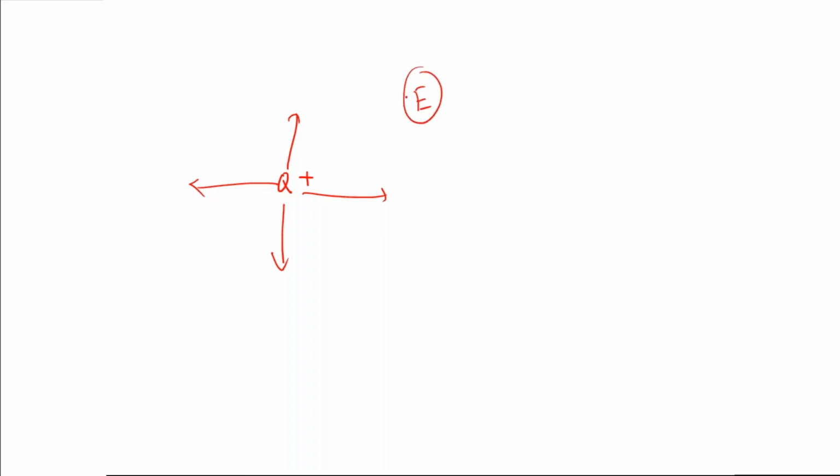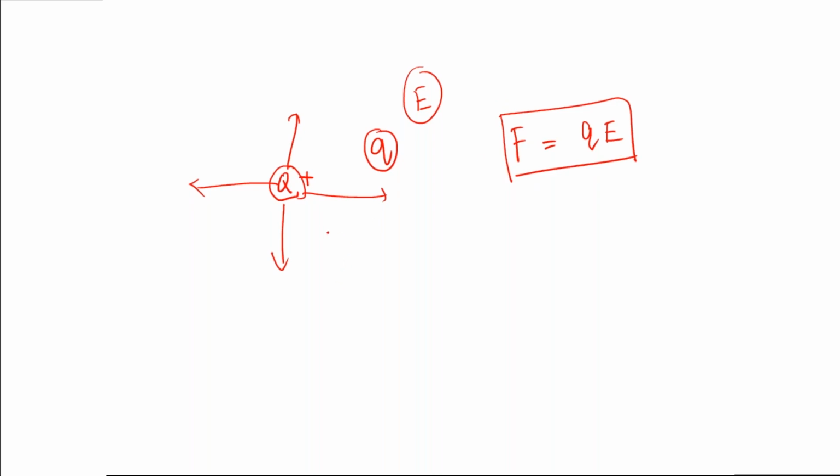The electric field was denoted by E. And how do we examine whether there is an electric field or not? We have to bring a test charge. The test charge, small q, experiences a force, and that force was q into E.